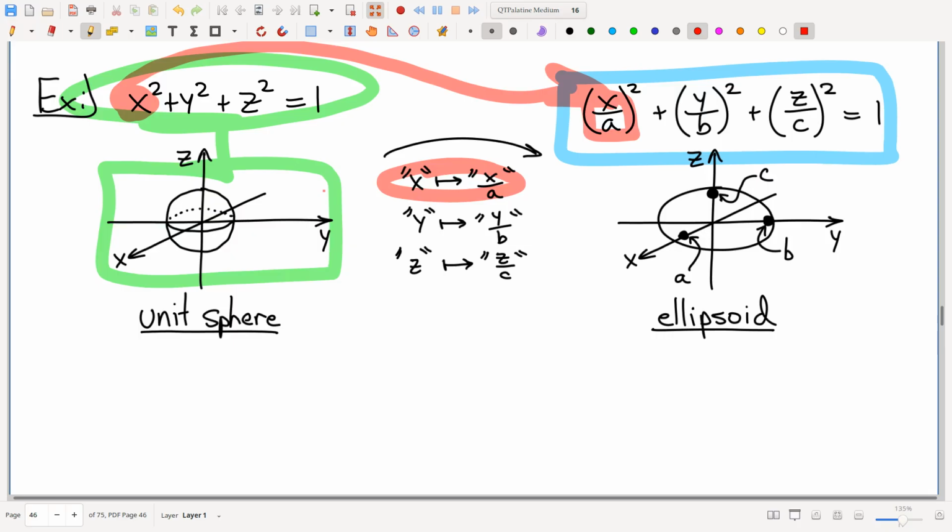And so that little substitution just stretches by a factor of a in the x direction. And then likewise in the y direction, likewise in the z direction. And we therefore have a stretched out sphere. In green is an actual sphere. And these three substitutions just stretch it out to make, hopefully no surprise, what we call an ellipsoid.